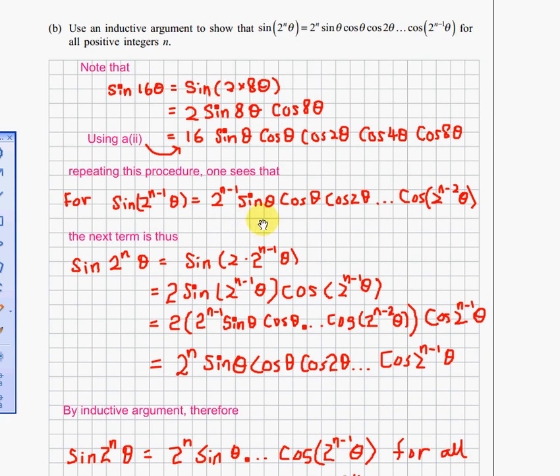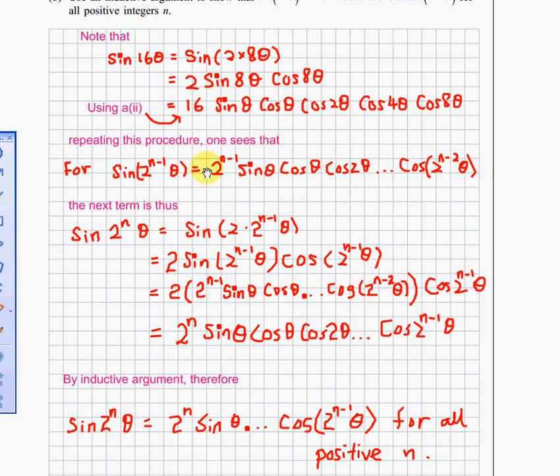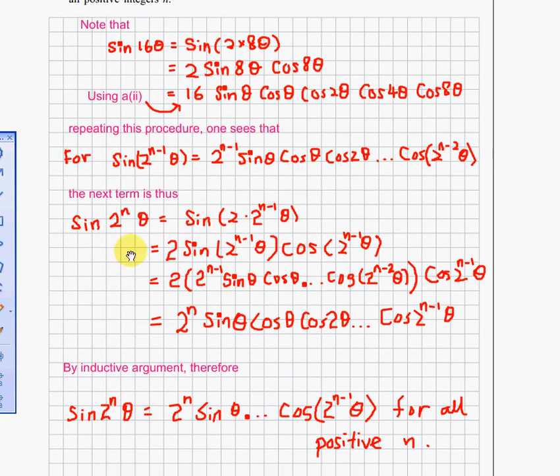When we try to do the inductive argument part, here I show that sine 16 theta can be proven, according to this formula, by using the result of sine 8 theta we got from part A2, as I've written here.